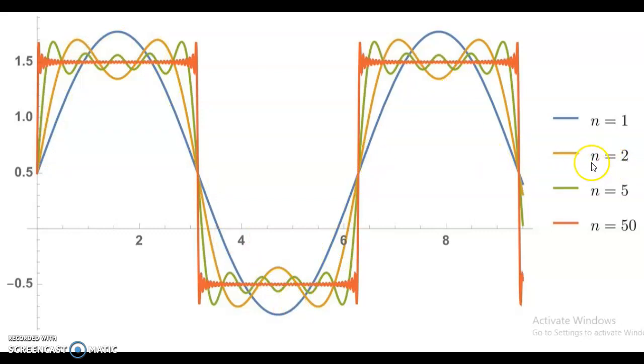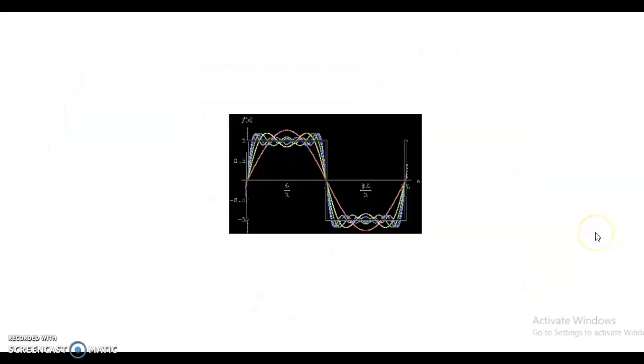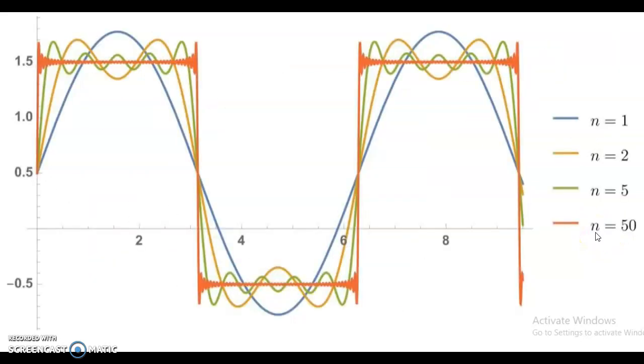Then n equals 2 gives you the next harmonic, and n equals 5 gives you another harmonic. As you keep increasing the value of n, which is basically the k in our case, it will keep approaching the original signal.